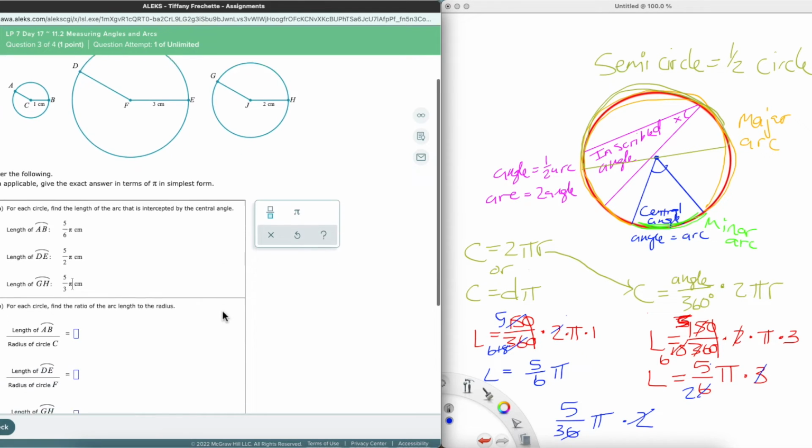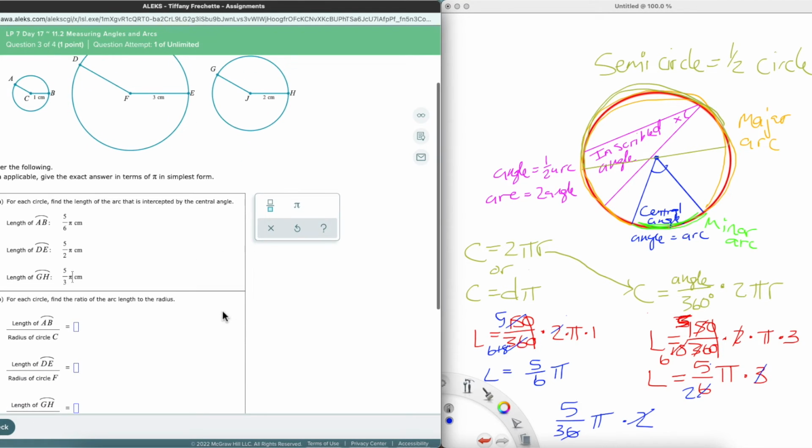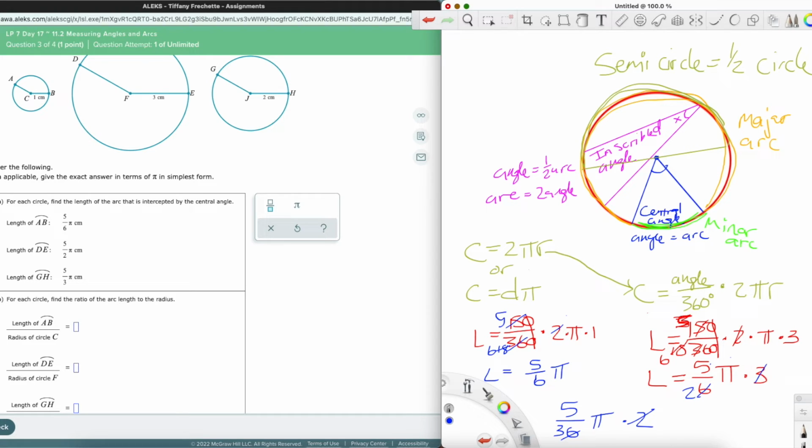All right. So now we're going to look at the ratio, or the relationship, between the length of the arc that we just calculated and the radius of the circle. Sorry, not circumference, the radius of the circle.